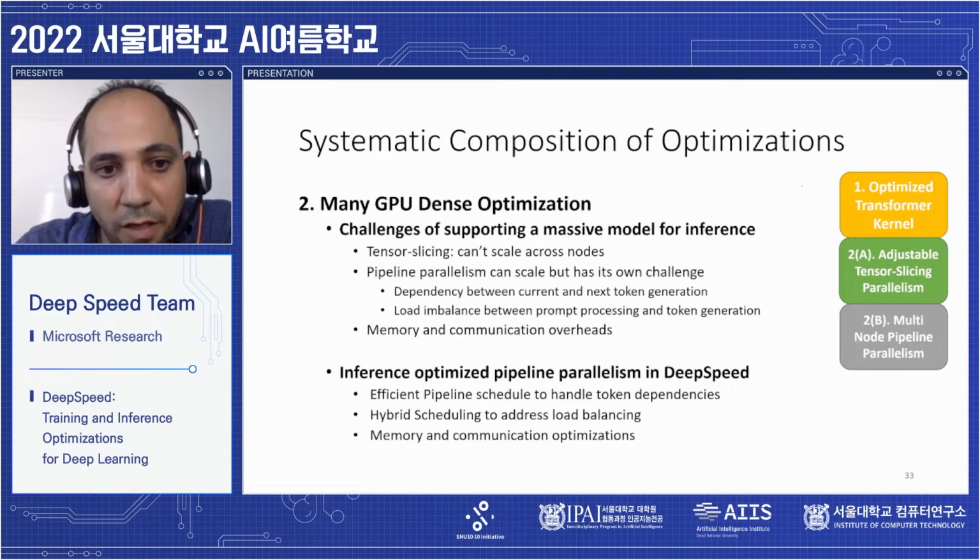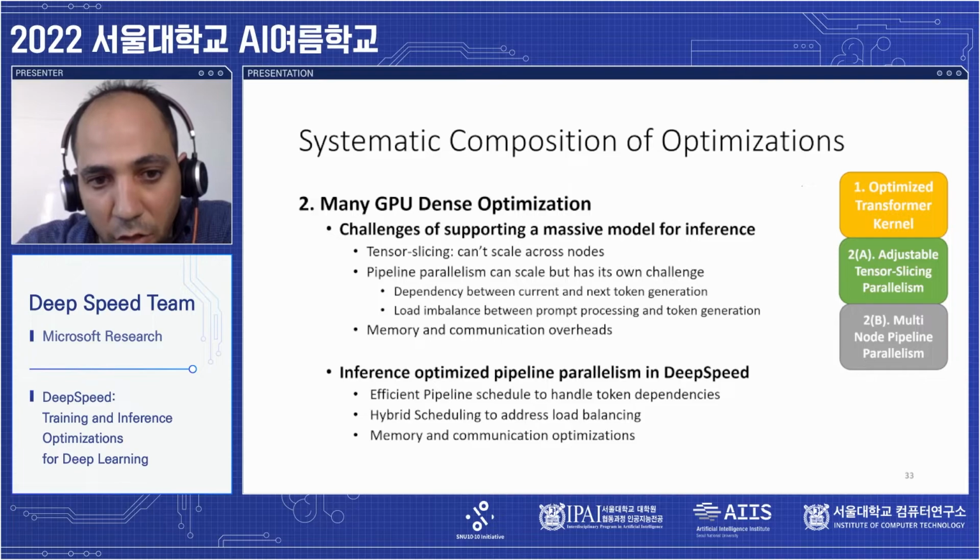So to answer these challenges, we implemented the inference-optimized pipeline parallelism for DeepSpeed inference that has an efficient pipeline schedule to handle the token dependency, a hybrid schedule for addressing the load imbalance issue, and memory and communication optimization. Next.